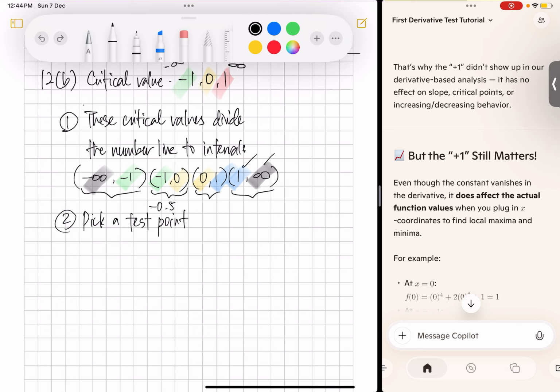You can choose 999 because the number goes all the way to infinite. But how are you going to do that when it comes to calculation later? Later on we don't have a calculator. So it's best to choose the number that's easiest to calculate. So it will be negative 0.5 here, 0.5 here.